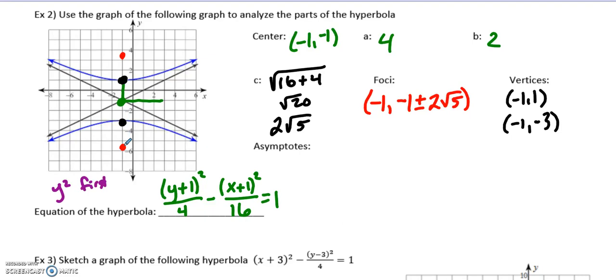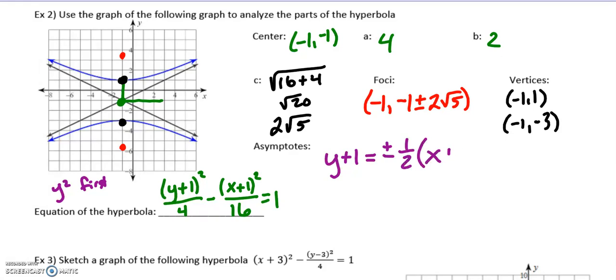Lastly, the asymptotes. I can go ahead and write out my general equation, which is y minus k equals plus or minus b over a, times x minus h. Notice that's 2 over 4. I'm going to write it as 1/2.